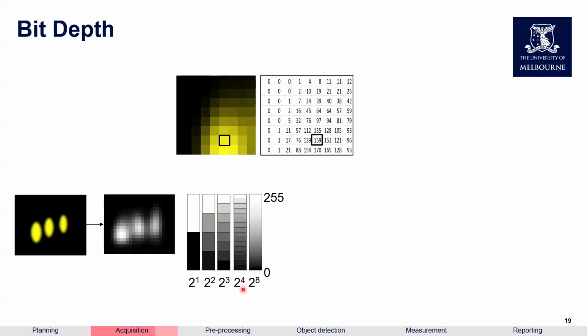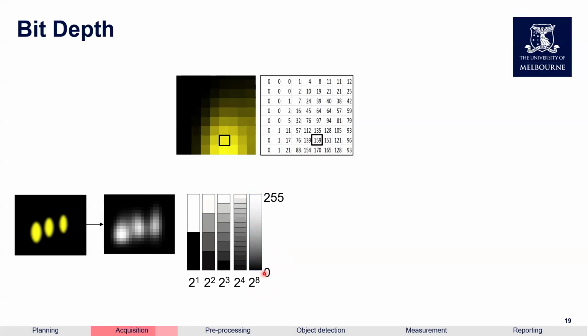And we can increase that way, and at 8-bit depth, the signal can be addressed in 256 gray values. And this gives smooth enough gradients for the human eye. And that's why many microscopy images used to be saved in this 8-bit format.